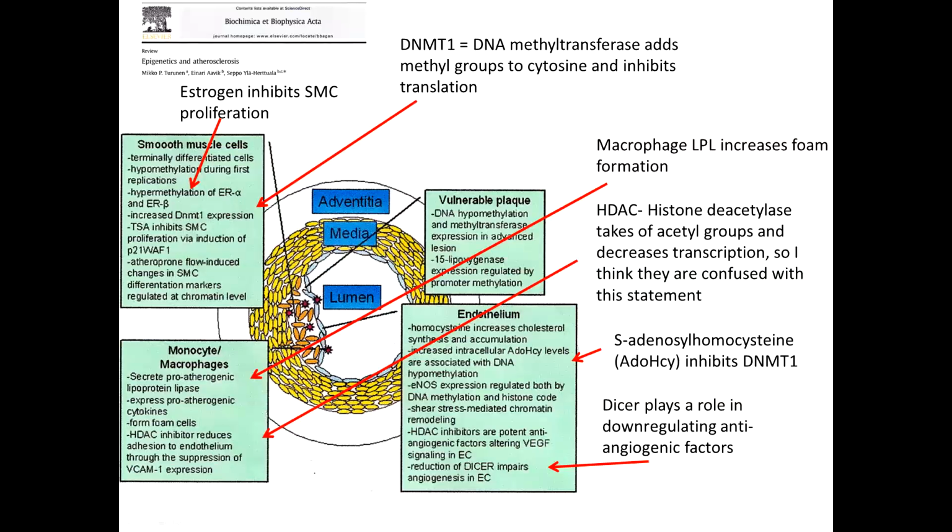So read through this article and get a good idea of what epigenetics means and how it plays a role in increasing or decreasing genes that might be important for developing or inhibiting atherosclerosis.